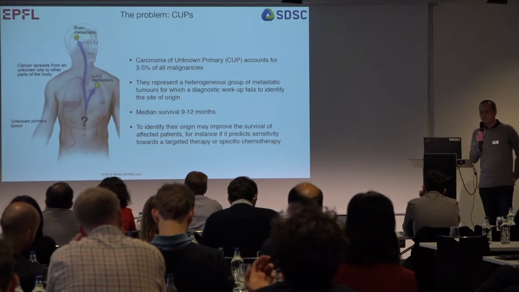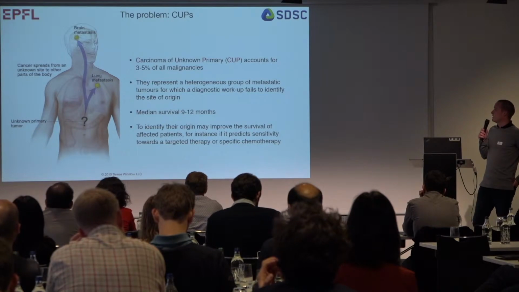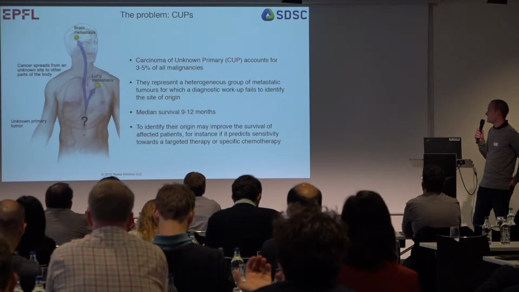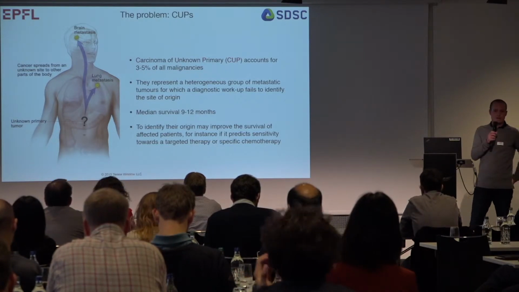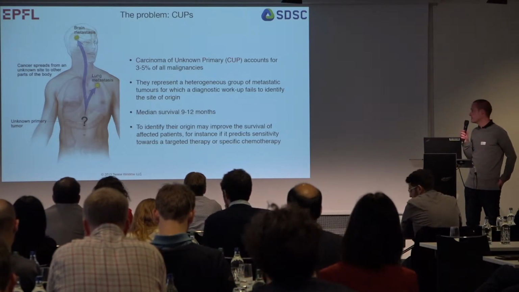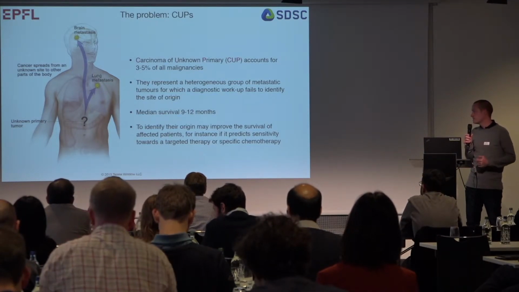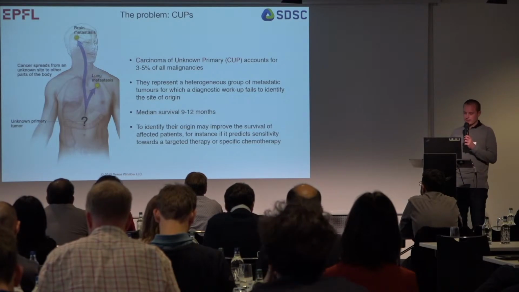Unfortunately, patients with this disease have a very bad outcome, with a median survival of between 9 and 12 months. As you can imagine, knowing the real site of origin of the cancer would help a lot in treating them.